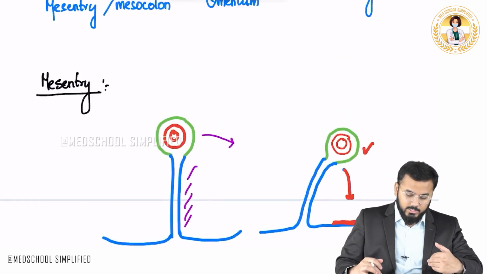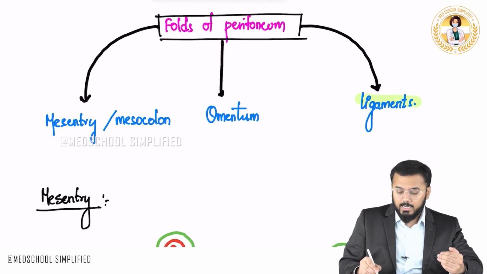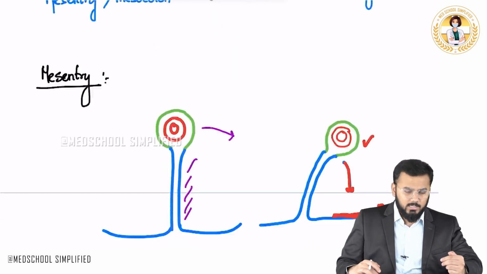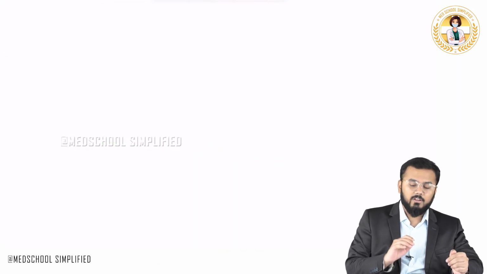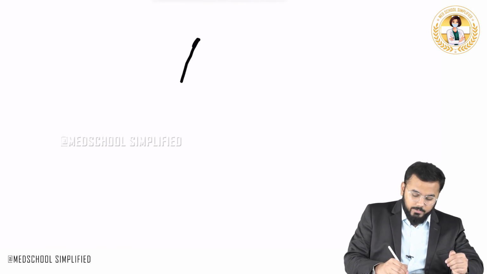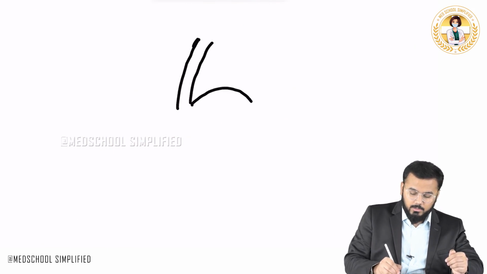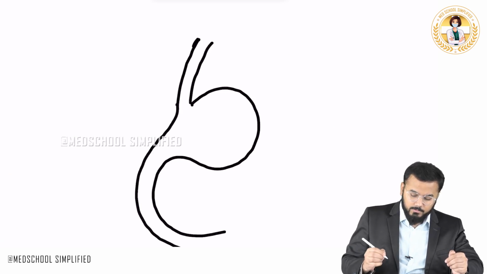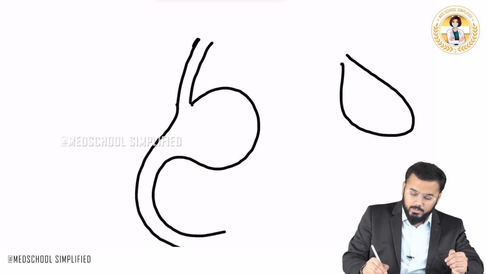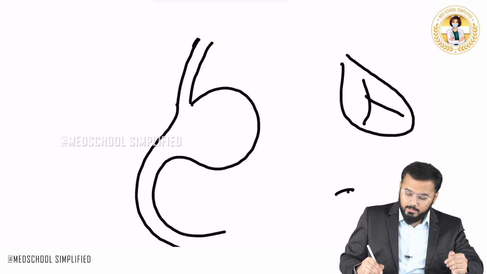Now, after the discussion of omentum, the last one we have got is a ligament. Let us see roughly what are the different kinds of ligaments which you have got. So, let me draw up a rough picture of that. Again, this is, let us say, your stomach and the duodenum, and here you have got your spleen like this, and this is your left kidney.